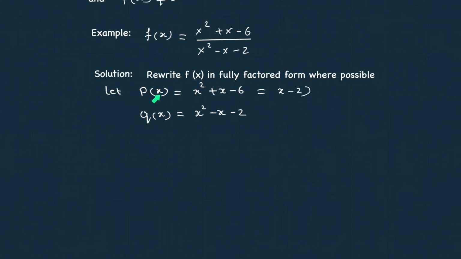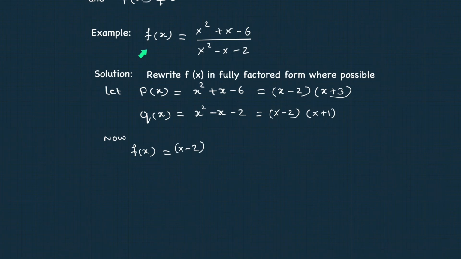Now write p of x in fully factored form if possible. x squared plus x minus 6 is x minus 2 times x plus 3. Similarly, x squared minus x minus 2 is x minus 2 times x plus 1.